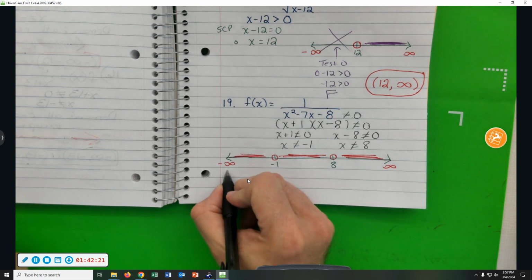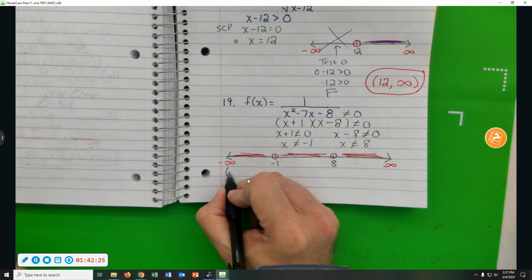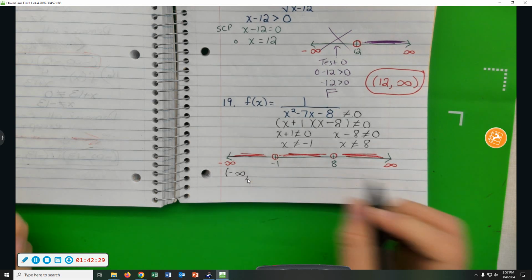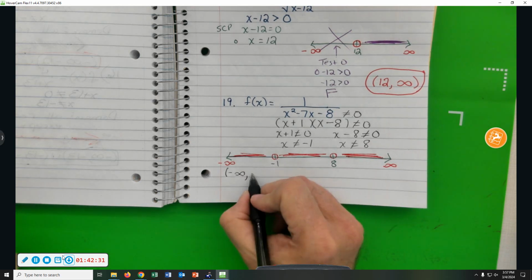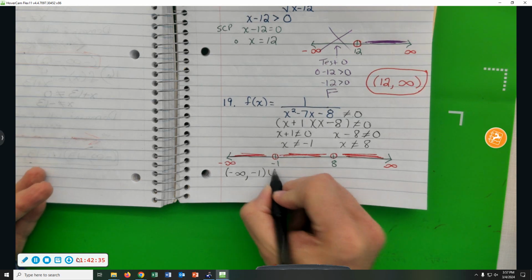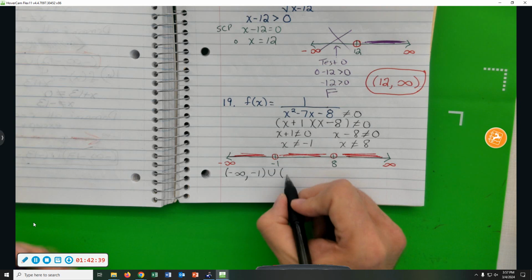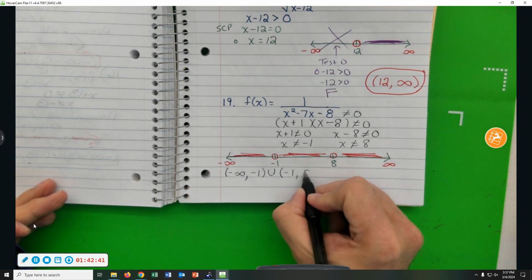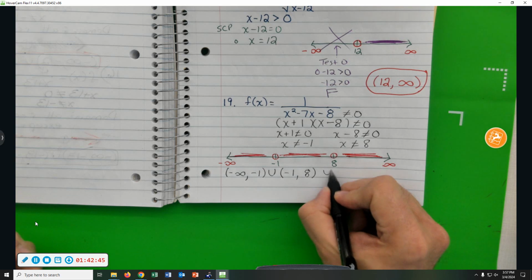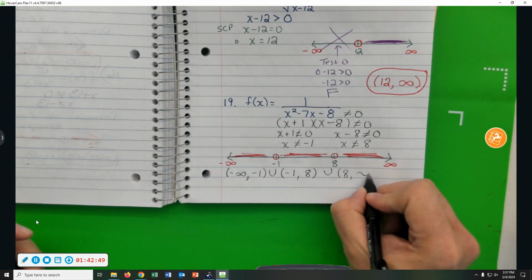Parentheses, negative infinity, comma, negative 1, parentheses, union, parentheses, negative 1, comma 8, parentheses, union, 8, comma infinity, parentheses.